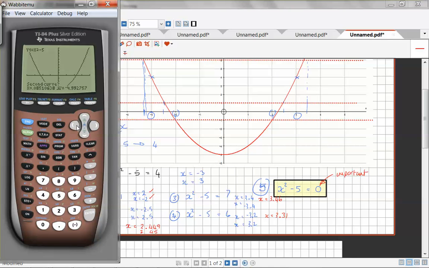I've not drawn a second curve because there isn't one. I would have to draw the y equals 0 line, wouldn't I? However, because this is an important one, we actually have a special one for zeros, equaling 0. It's got its own special one.